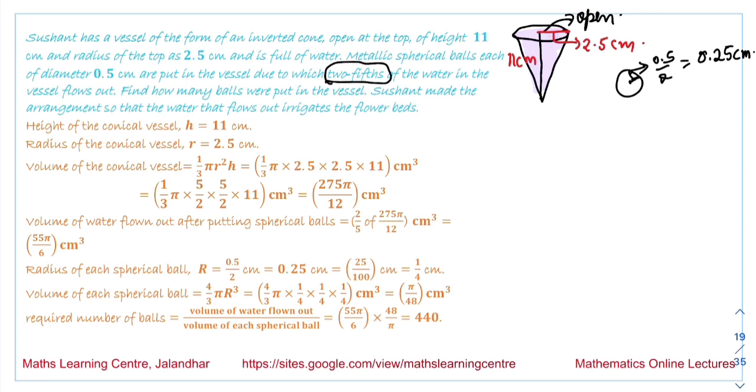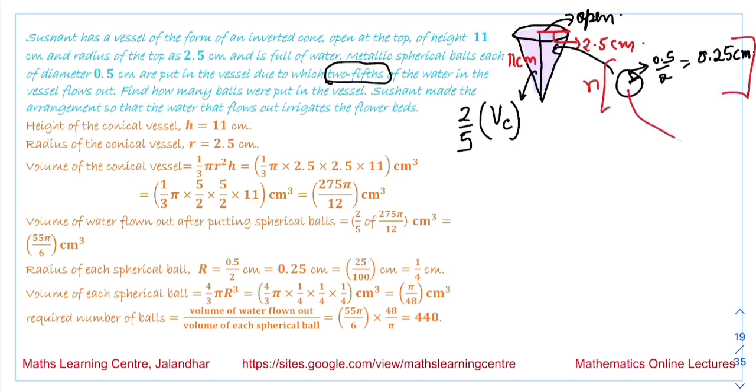It means if the volume of the water in this vessel is VC, then 2/5 of it flows out. It means this much volume of water comes out of this vessel when we drop these balls into this conical vessel. How many balls were put in the vessel? So suppose n such balls were dropped.